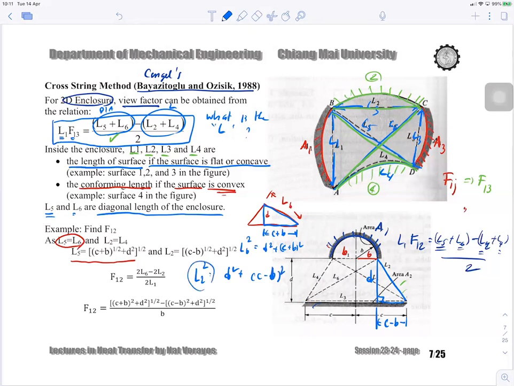So I know L2, I know L6. I know that L5 is equal to L6, so it is 2 L6, and this is 2 L2. So the 2 gets cancelled out, and F12 is equal to (L6 minus L2) over L1. What is L1 again? L1 is here.